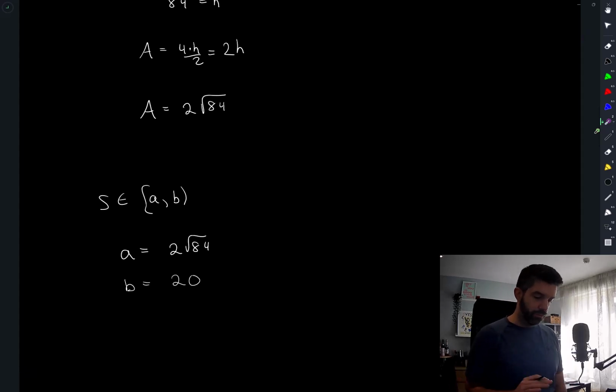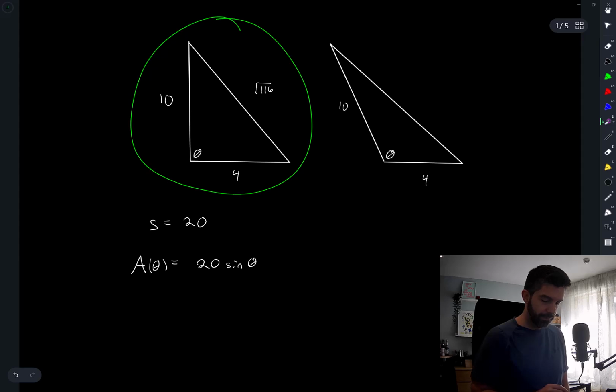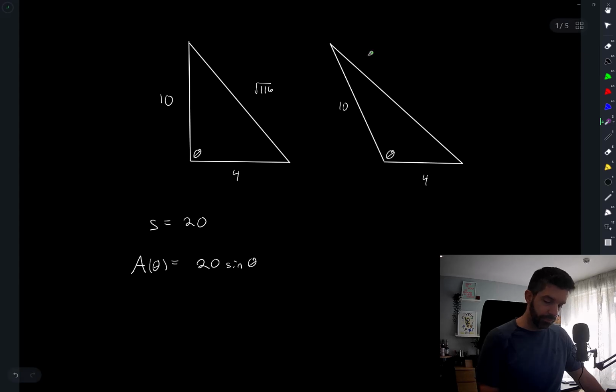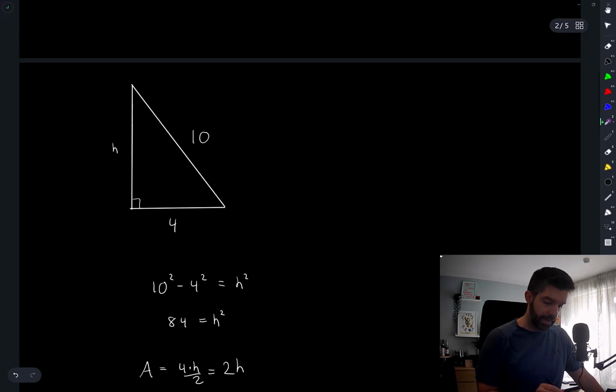If we allow right-angled triangles, then when s is 20, this is the only triangle that satisfies the conditions. As we decrease s, we start to move this point down. We fix 4 and 10, we're fine. But if we decrease s down as low as 2 root 84, now there is suddenly a different triangle which gives the same area. And there will now be 2 triangles which allow for this type of construction.